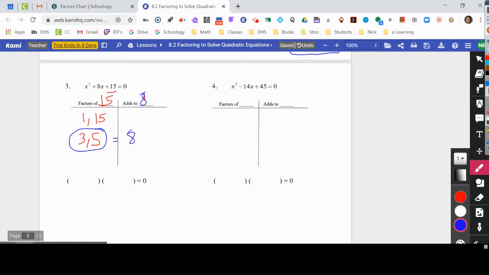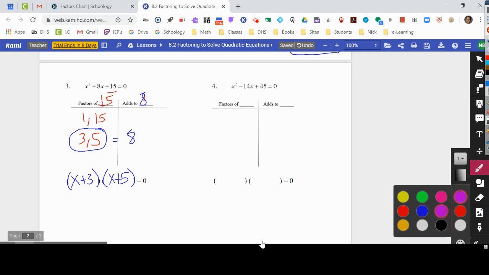So now that I know my factors, I can put them in my parentheses: x plus 3 times x plus 5 is equal to 0. Again, I'm not done here, because I have to solve now. If it was just factor, which we did in our last chapter, I would be done. But I need to solve now.